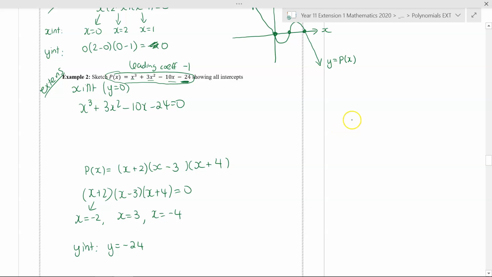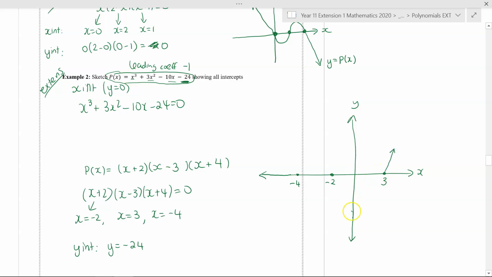Okay, now we're going to do our sketch. So over here with a ruler, we draw our axes. That's important for you, you're getting marked on it. Then we're just going to roughly estimate where negative 2 is, where negative 4 is, where positive 3 is. Feel free to use the scale, you don't have to, it's only a sketch. And we're going to examine the limiting behaviour. I know that's a positive x cubed, so it should go up at the end.